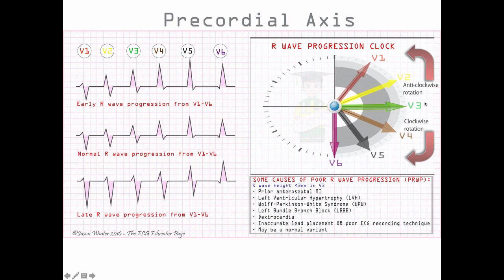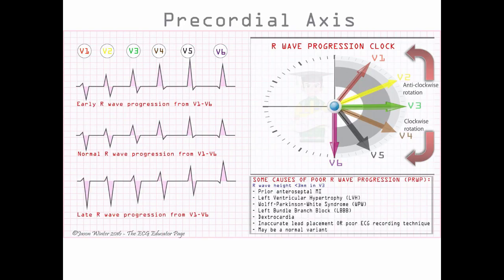We can call it clockwise or counterclockwise rotation. We're not going to totally get into that. But we want to identify normal progression versus early versus late or delayed R wave progression. So some causes right down here for you. MIs, myocardial infarctions can cause this. Hypertrophies can cause this.